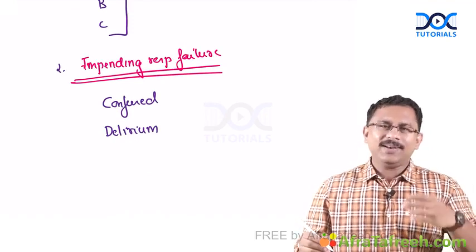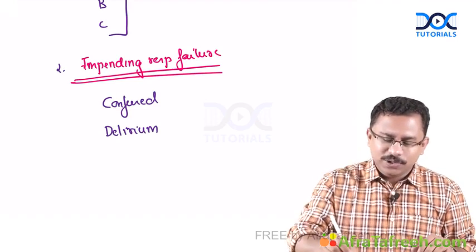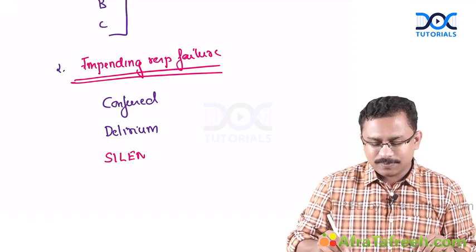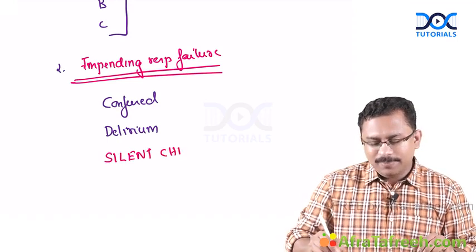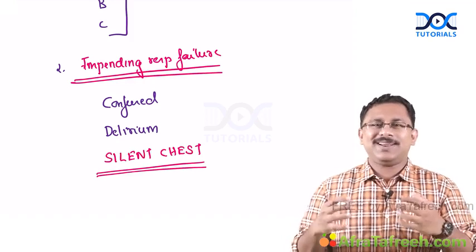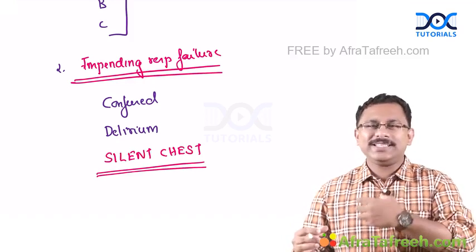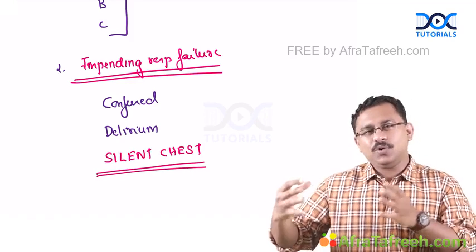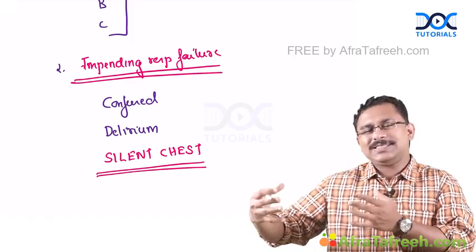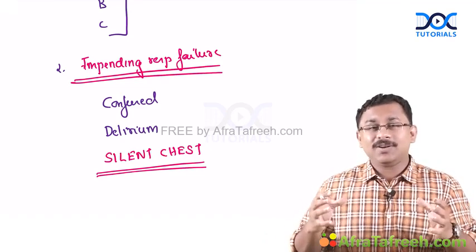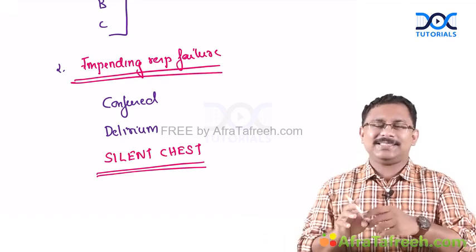And along with that, when you auscultate, you will find a silent chest. Now, what do I mean by this? Normally, when you have a respiratory problem, you are auscultating wheeze. But when it is going to the stage of impending respiratory failure, the wheeze might not be there. There may be a silent chest.